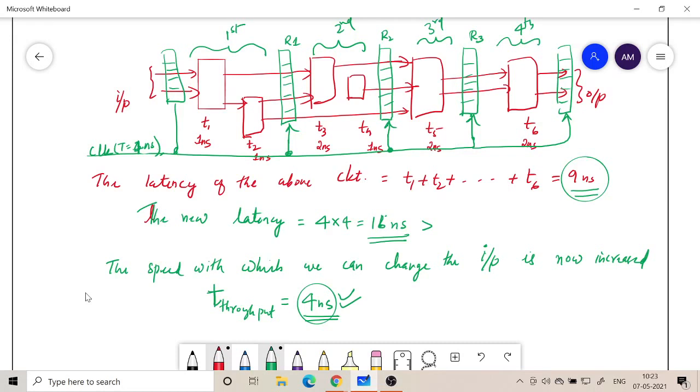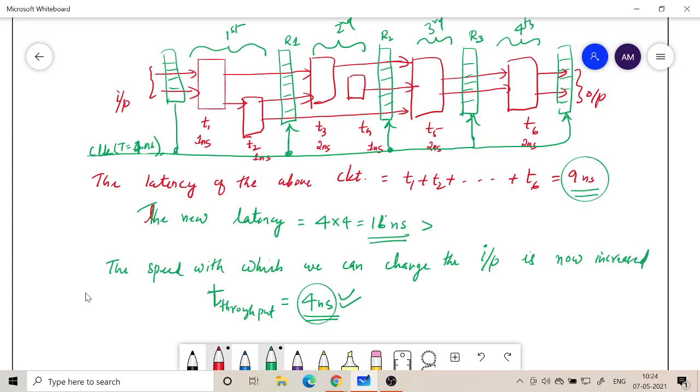But if you are controlling with a clock, and if you insert registers in between, then we will be able to increase the throughput, because the final speed does not depend upon latency, it depends upon the throughput. Okay, so latency is just the cumulative propagation delay from input to the output, but throughput is the speed with which the data is getting processed.